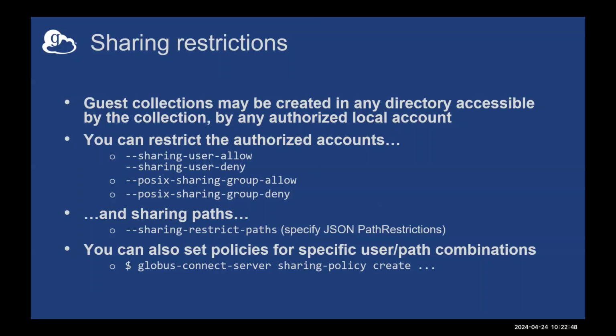But then you may have a collection of /datasets that you want to be present to local users if they need them, but you don't want them to share those read-only datasets out, for leechers outside of your organization. So you can limit sharing with restrict paths to exclude those datasets. Subdirectories are very similar, in a JSON path restrictions document, just like we did with regular collections.